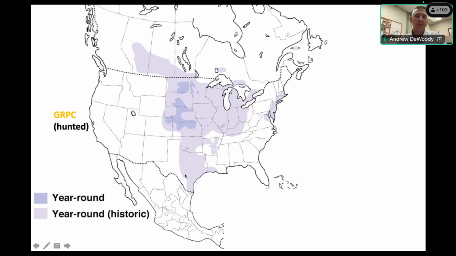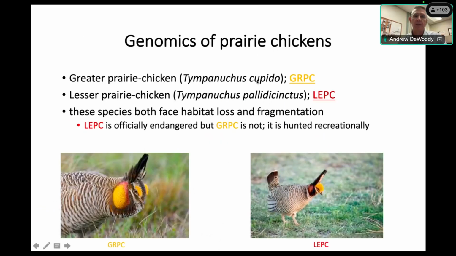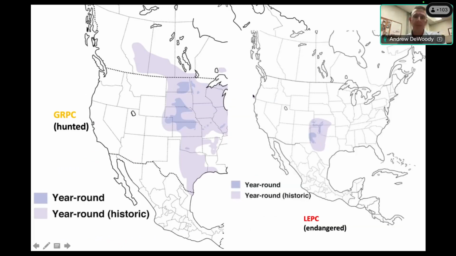So historically, you can see that greater prairie chickens were found from the Gulf of Mexico all the way up into interior Canada. Today, it's a much more limited range, but throughout the upper Great Plains. The lesser prairie chicken has an even smaller range, but some of this is also in the Great Plains and the Panhandle of Texas. Texas does not have greaters, but it does have lessers. And keep in mind that these have already been designated two different species by ornithologists.